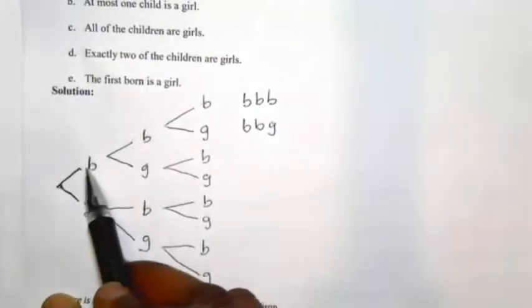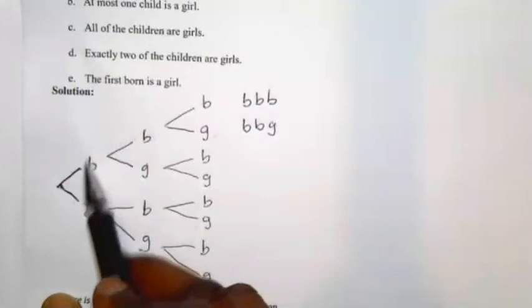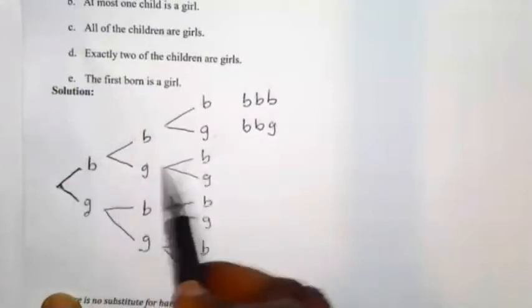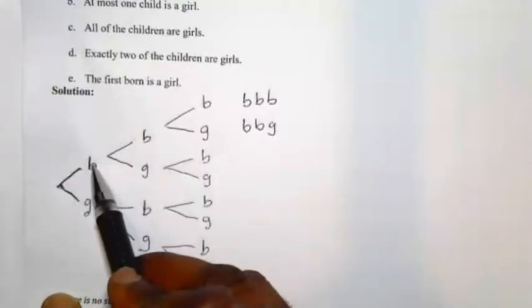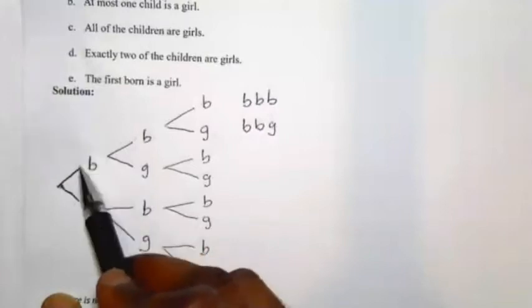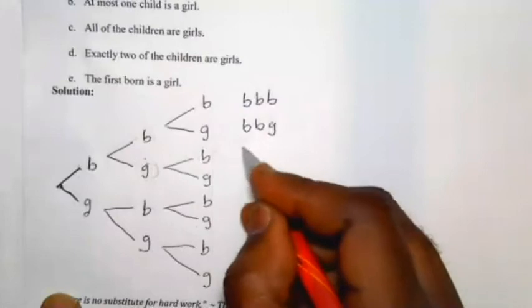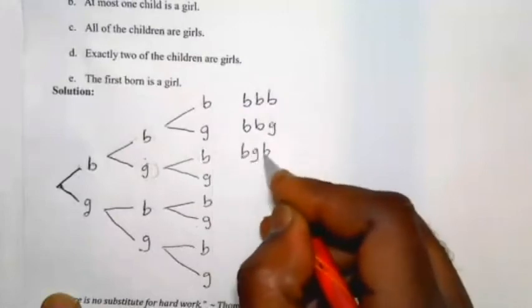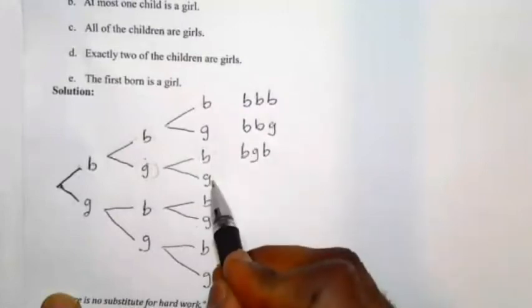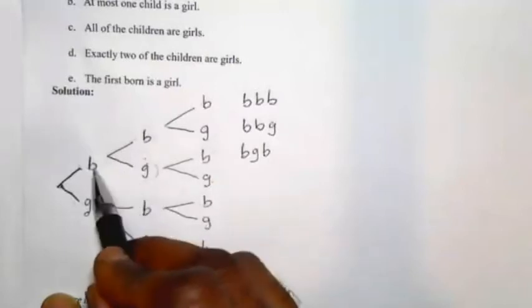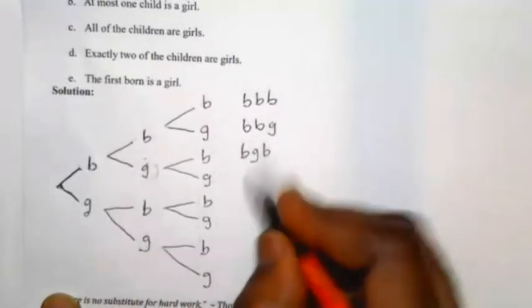Do the same thing for the third outcome. You could have boy, girl, and boy. Now what about the fourth node? The fourth node will be boy, girl, girl.